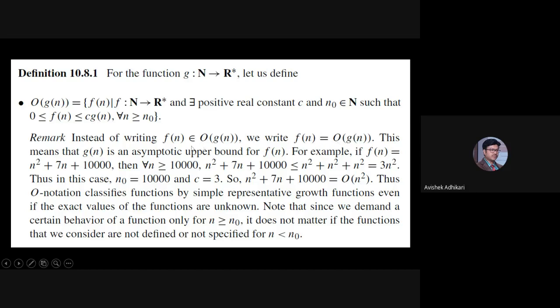It means that f(n) belongs to order of g(n). So it's just a notation. Here you can see that this equals order of n square, which means this polynomial must belong to order of n square. But for simplicity, we write it as order n square. So the order of this is the same as order of n square. Now it is clear? It's just a notation. Clear?